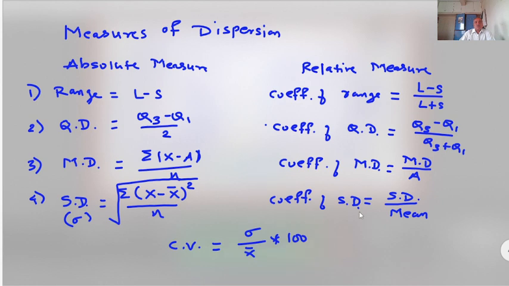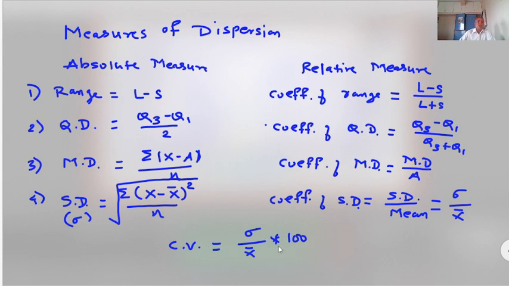The corresponding coefficient of standard deviation is equal to standard deviation divided by mean, that is sigma divided by x bar. The coefficient of variation is the percentage of the coefficient of standard deviation, that is sigma divided by x bar into 100.